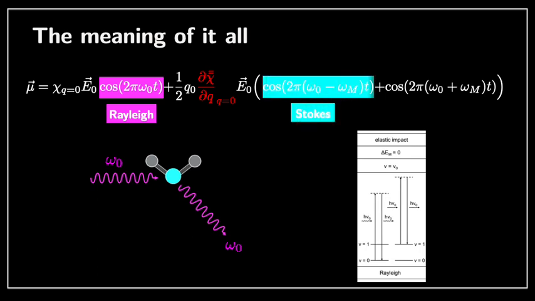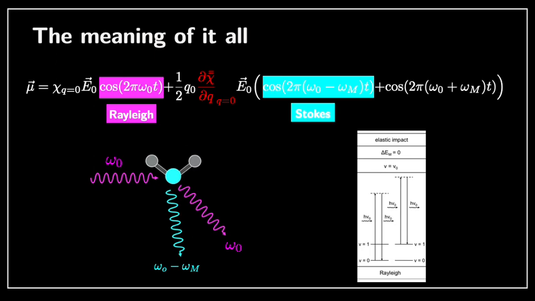The next term, which corresponds to a vibration at omega naught minus omega m, is usually called the Stokes line, the Stokes scattering, and this corresponds to the emission of light that's actually at omega naught minus omega m.